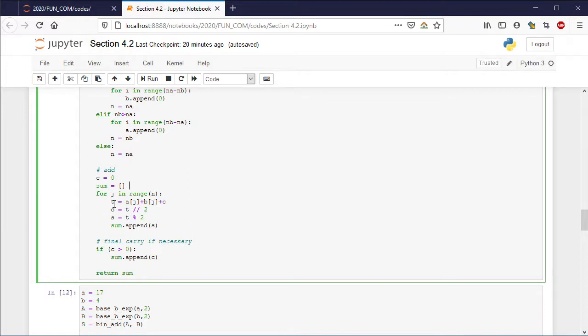And once we have the sum, the integer division T divided by 2 will be the new carry. And the sum for that particular digit is the mod operation, T mod 2. Right? And eventually I append this S to the list.